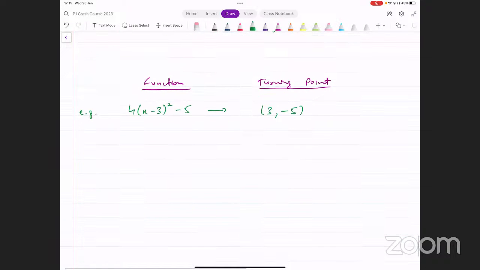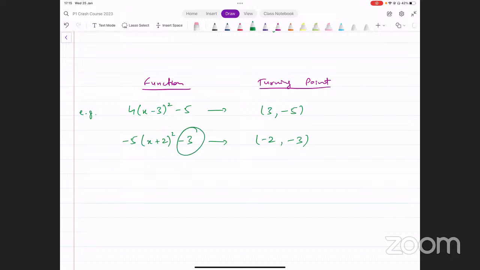Take another example. You could have -5 into x plus 2 whole squared minus 3. What about this turning point? Flip the sign of the number that you've got inside. So +2 becomes -2. Keep the sign as it is for the number outside. That's -3. So you change the sign of the number inside for the x coordinate.